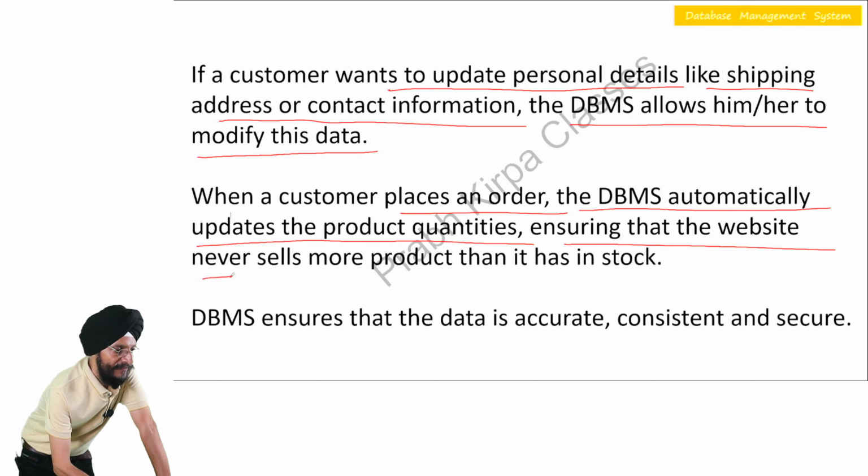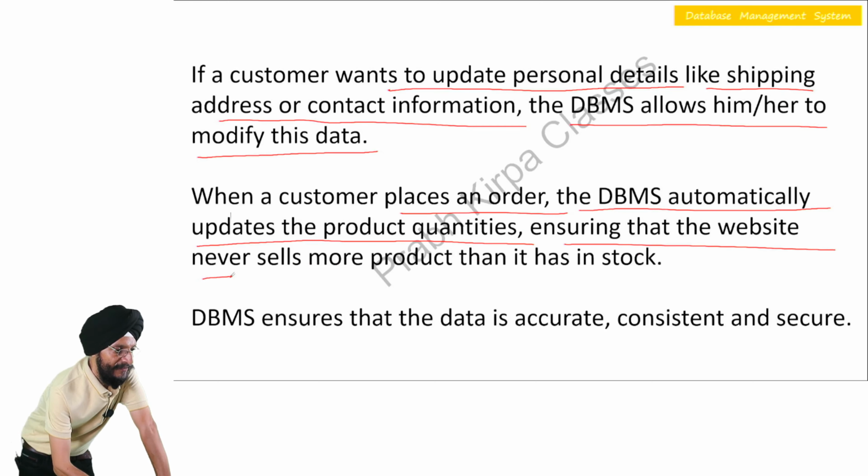When the DBMS organizes the data properly in the database, it becomes easy: when the user makes any query regarding a particular product, the DBMS immediately fetches the relevant data and shows the output or the required result to the user.